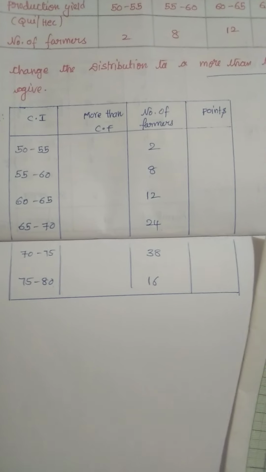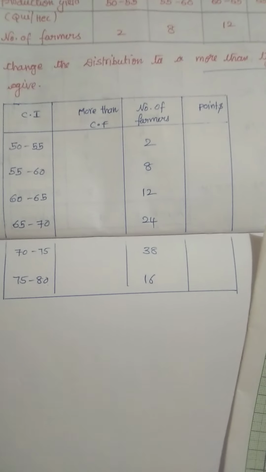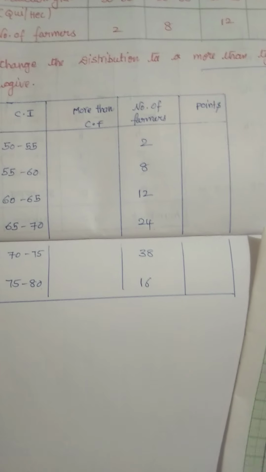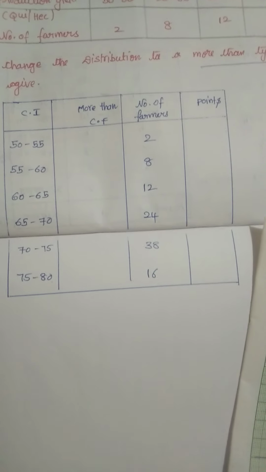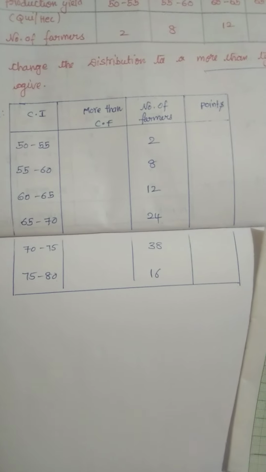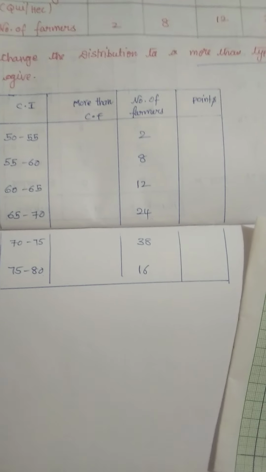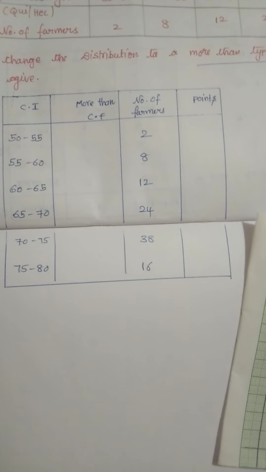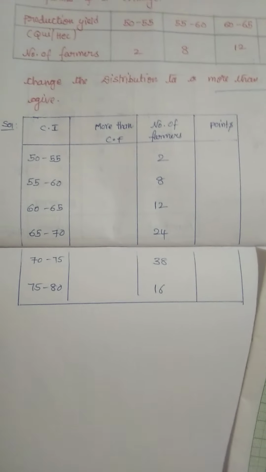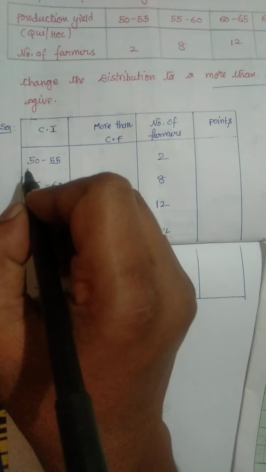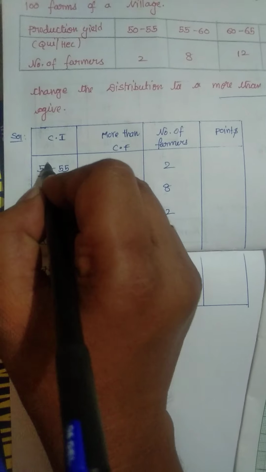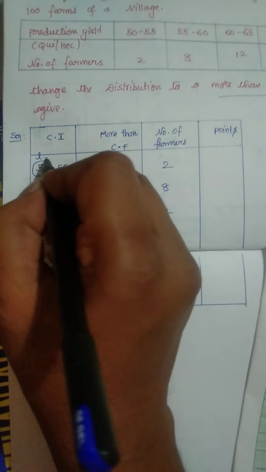So this is more than type distribution OGIVE. So for that we have to find more than cumulative frequency. So children, when we are constructing more than type cumulative frequency, we have to take lower limits, right? In class interval 50 to 55, 50 is called our lower limit.